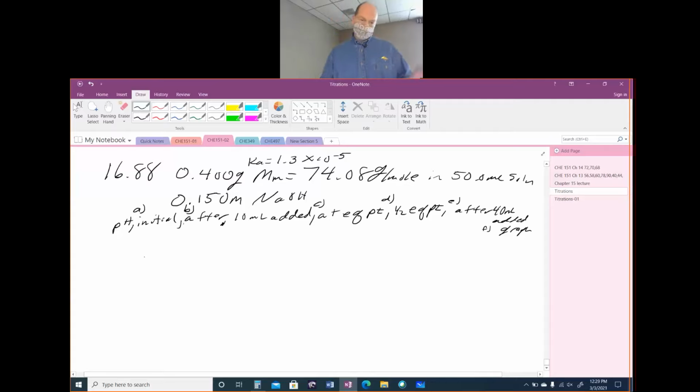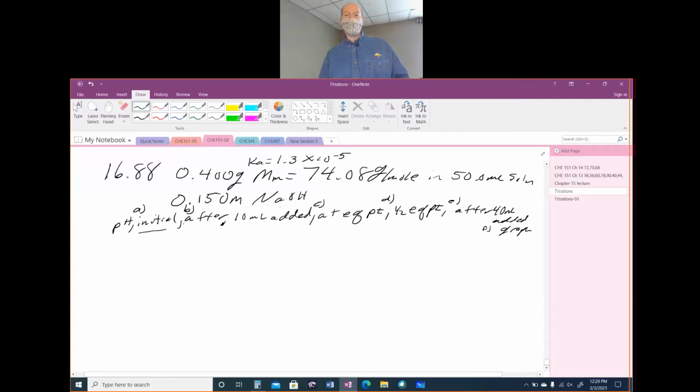All right, so there's a number of ways you can do the equivalence point, but for the initial, there's only one way to do it. You have A minus and you have HA. So what we're going to have is our HA with our OH minus, which means we're going to need the Kb, but initial means before any of the base was added.